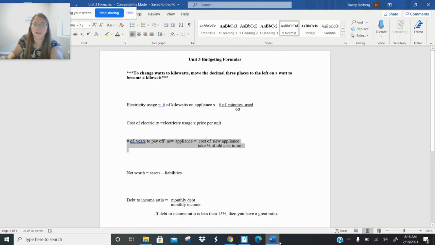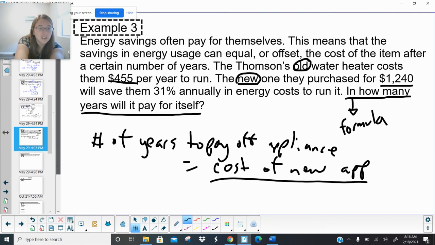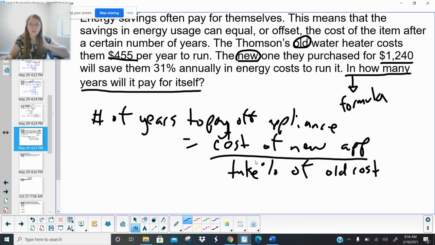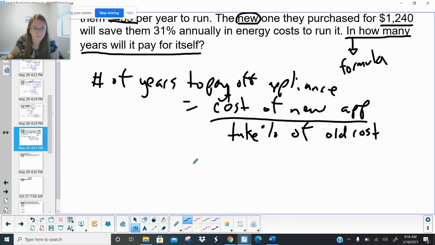And then on the bottom, it's telling us to do something. So don't be confused by this. It says take percentage of old cost to run. So I actually need to do that. Take percentage of old cost. Yeah. So let's go ahead and start plugging this stuff in.